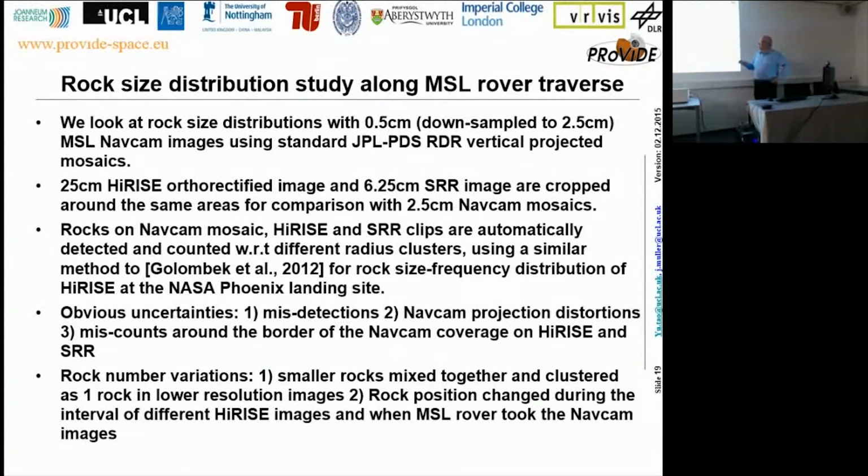We're taking the 25 centimeter HiRISE and the 6.25 SRR around the same areas, and we're comparing the two. There are obvious uncertainties like the misdetections, the Navcam projection distortions, miscounts around the border, particularly the Navcam vertically projected images, and there are also rock number variations because smaller rocks are sometimes mixed together and clustered as one rock in the lower resolution imagery.